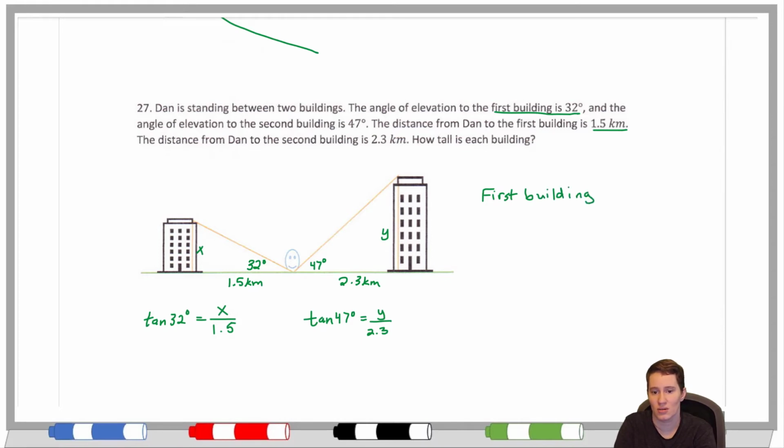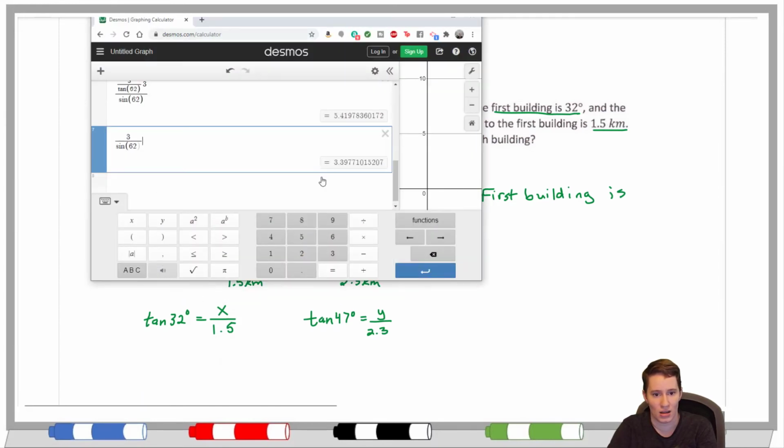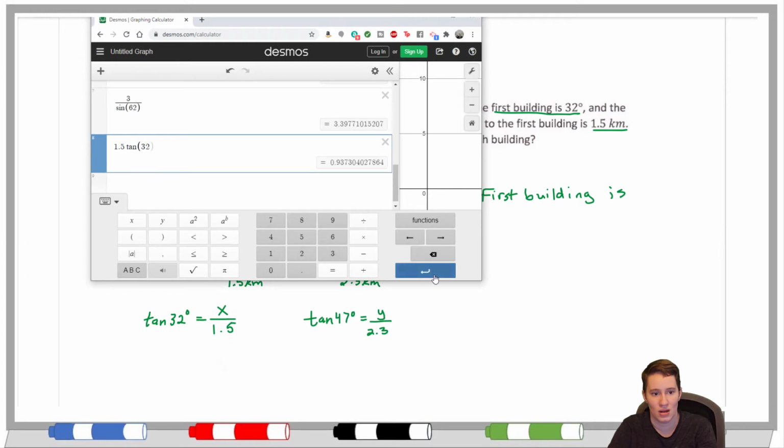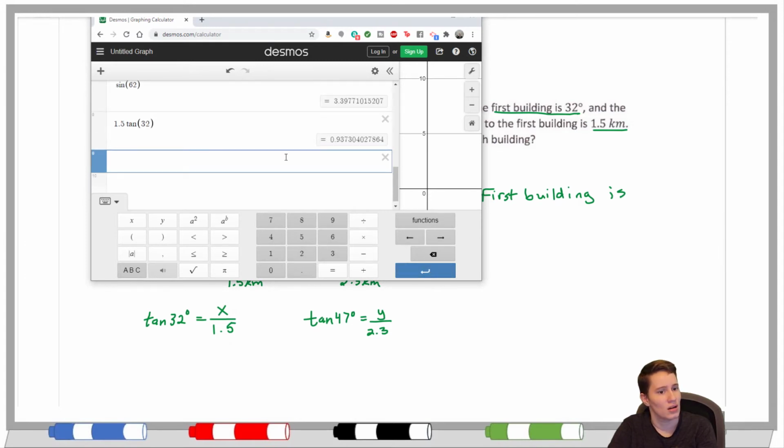So the first building is, let's pull out our handy dandy calculator, 1.5 tangent 32 is 0.9.